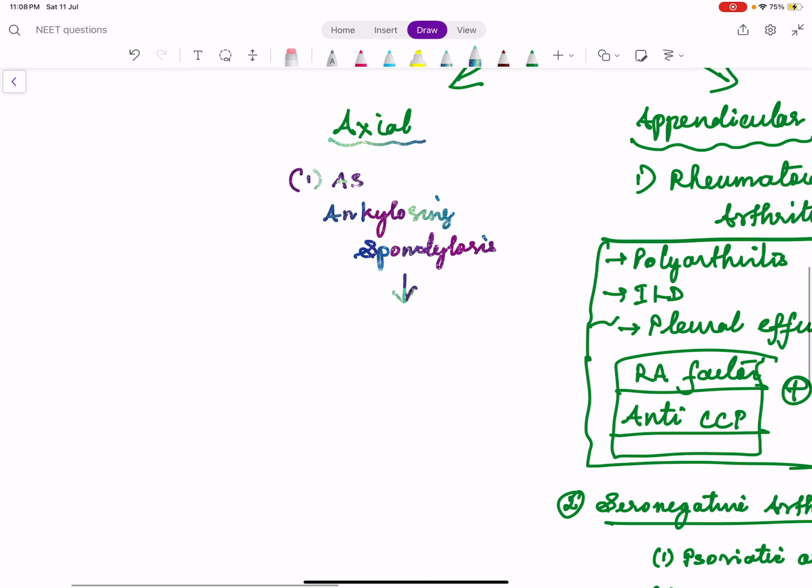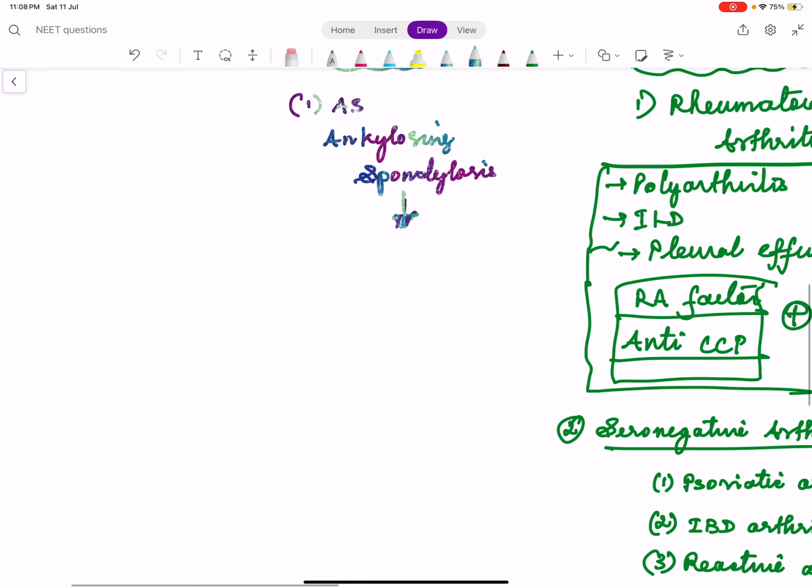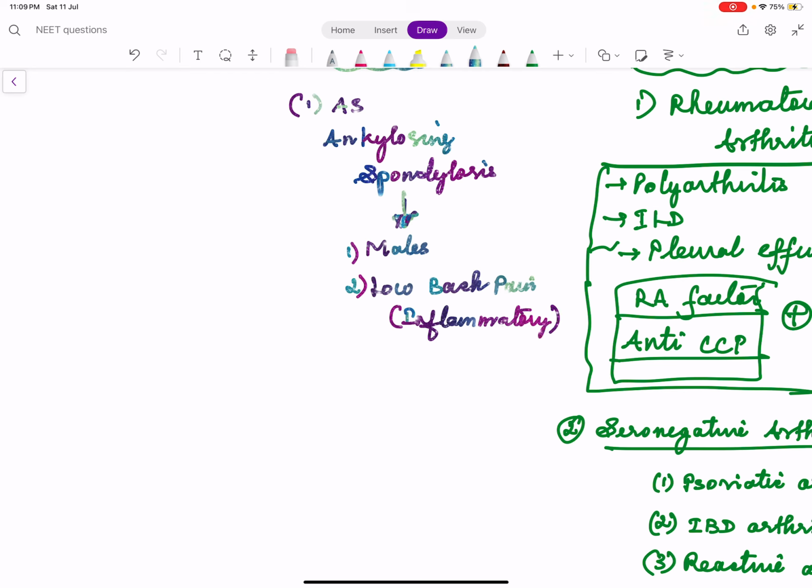Among all rheumatological diseases, usually autoimmune diseases are common in females, except seronegative arthritis, which are common in males, young males. So it presents with low back pain. What type of low back pain? Inflammatory low back pain, which means it is more on rest, early morning stiffness more than 30 minutes, and it is relieved with activity.